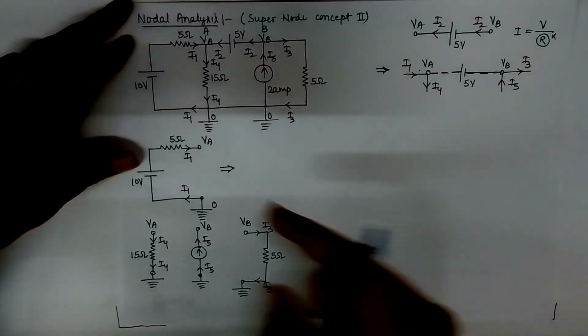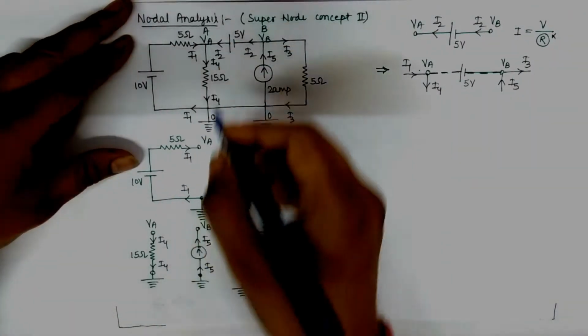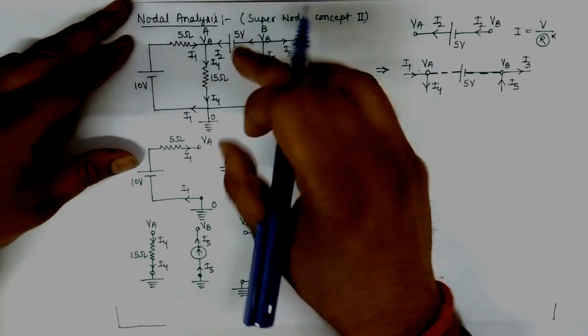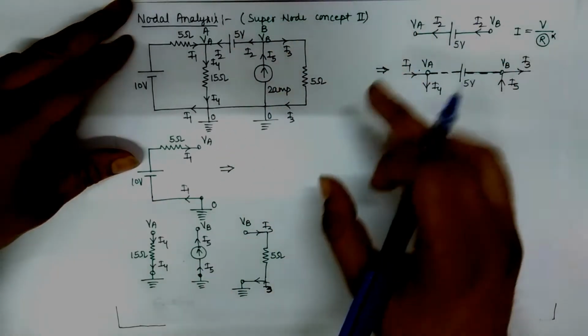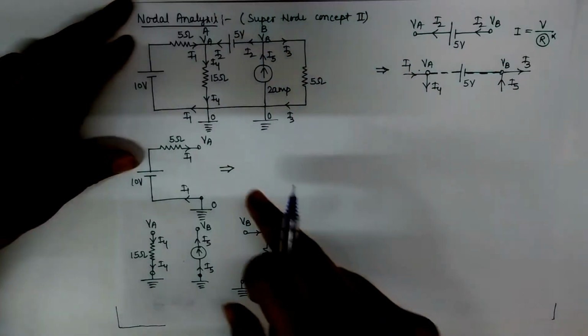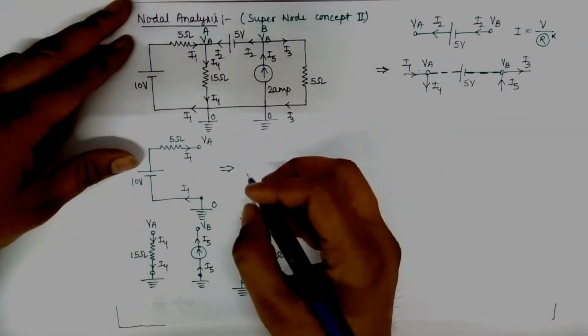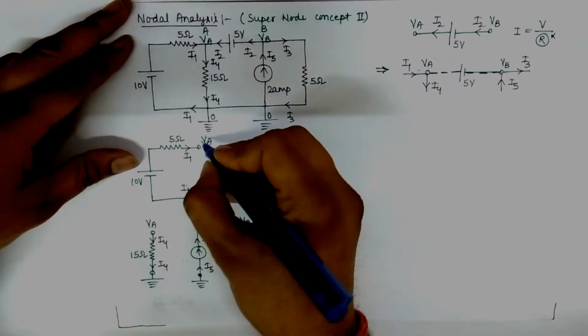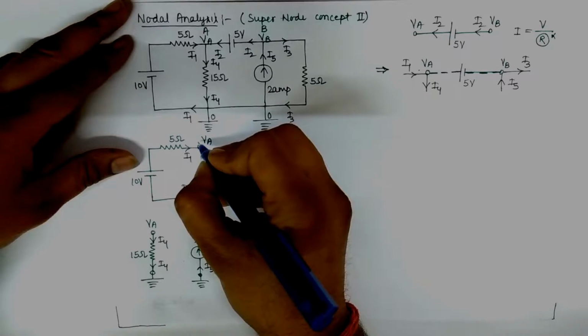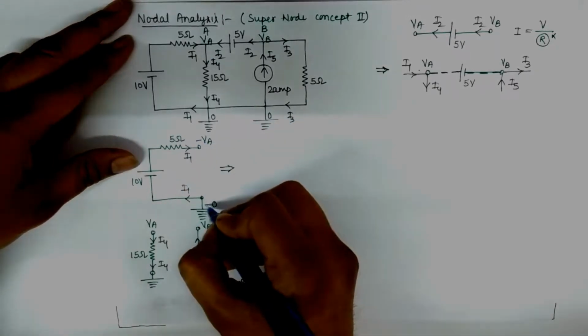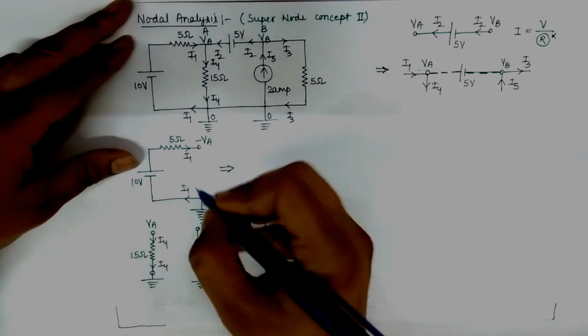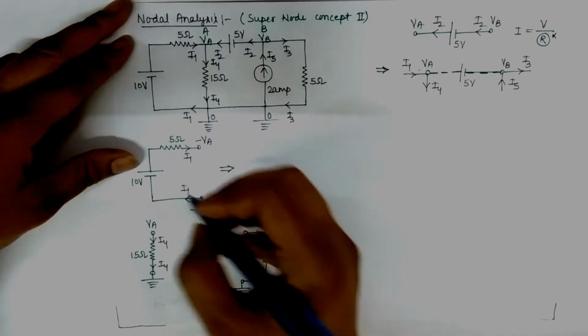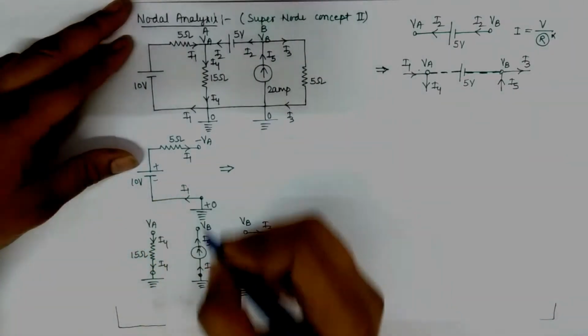We separate all branches and denote the relationship for current. Current is entering the terminal, so it is minus, and it is plus because it is supplied by this node, so this is negative, positive.